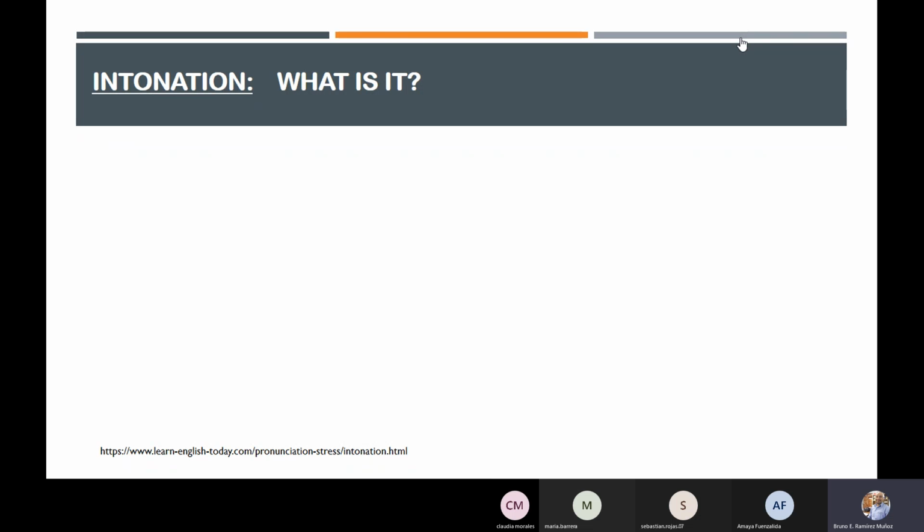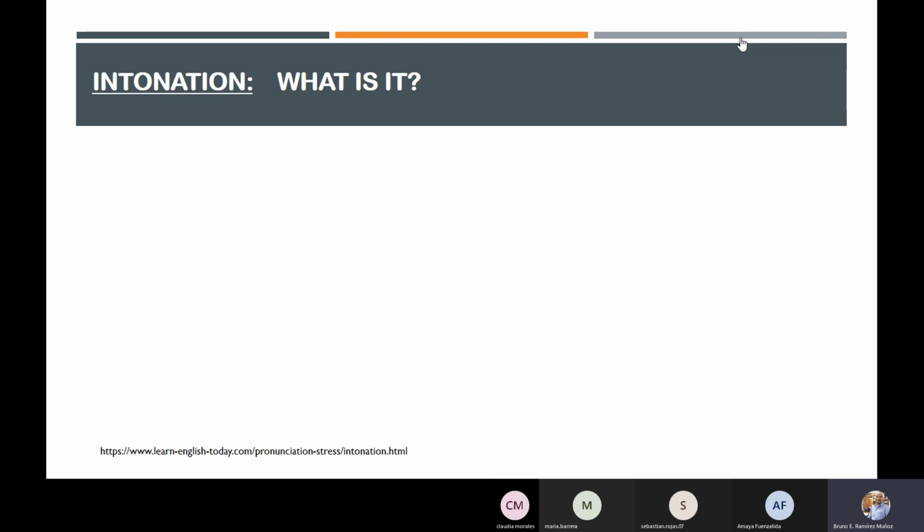So it's not going to use a rising intonation. Like sit down. It's not going to be like that. A command or an order will always have a falling intonation, not a rising intonation.